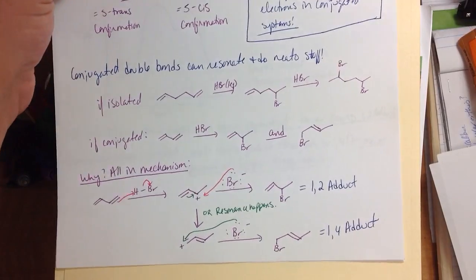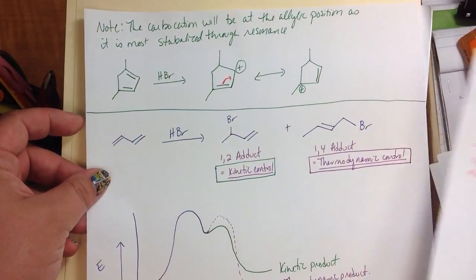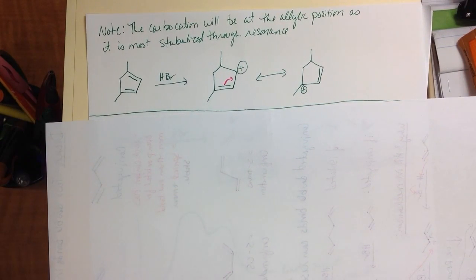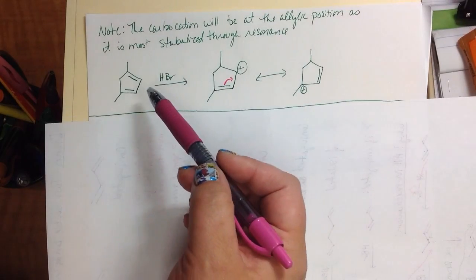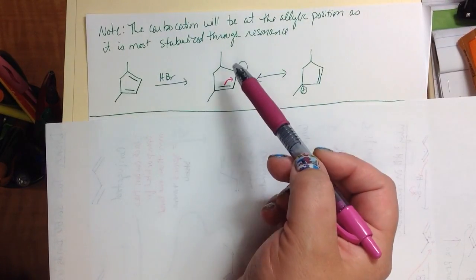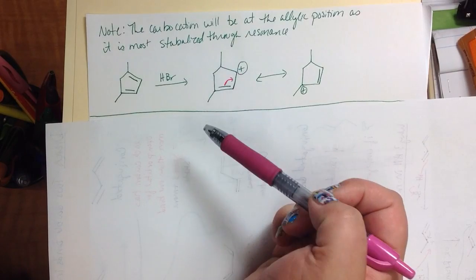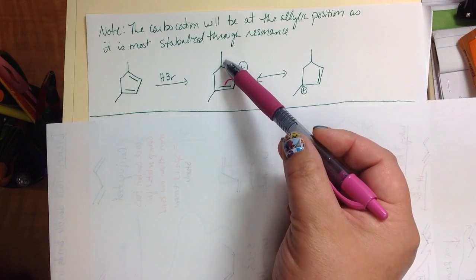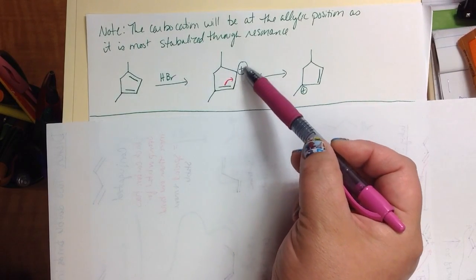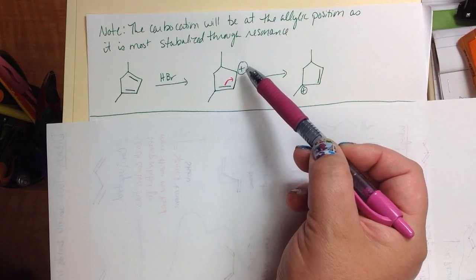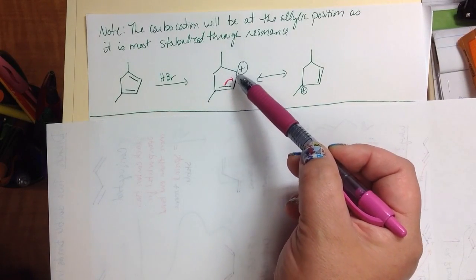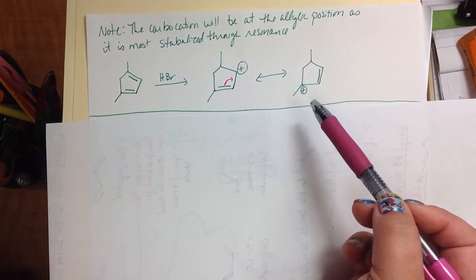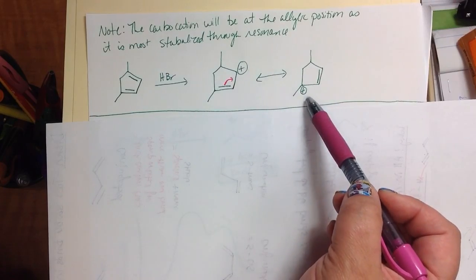Okay, so we're going to come back to that in just a second. Before we get into too many other details, I want to point out that this may be a little bit counterintuitive to you, because when you add HBr, the Br will not go to the most substituted here like you might have within isolated dienes, but is instead going to allow the H here and the positive charge will go here so that it's at the allylic position, because remember, resonance trumps other things when it comes to stability, and when you can have a positive charge spread over two different areas, then that's going to be more stable.